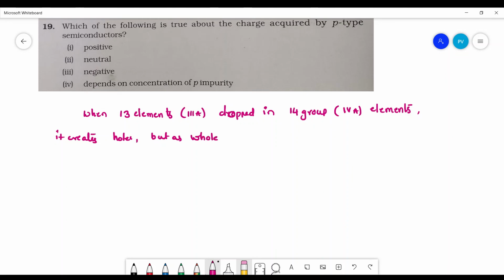As a whole, the molecule is neutral. So the p-type semiconductor is neutral. So the answer is the second option.